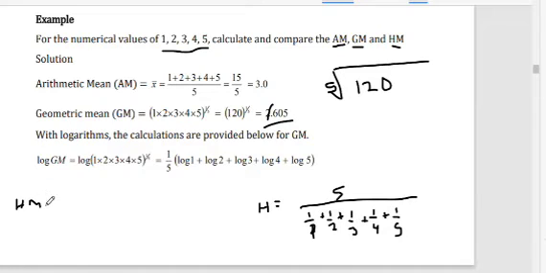Let me just write this way. HM is equal to 5 all over 1 divided by 1 is 1, plus 1 divided by 2 is 0.5, plus 1 divided by 3 is 0.33, plus 1 divided by 4 is 0.25, plus 1 divided by 5 is 0.2.